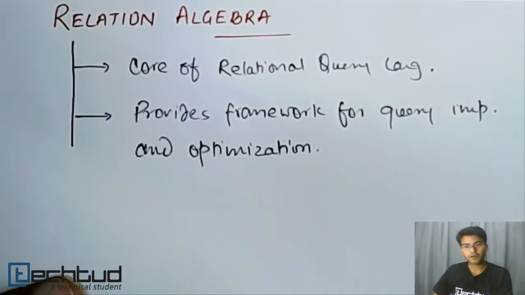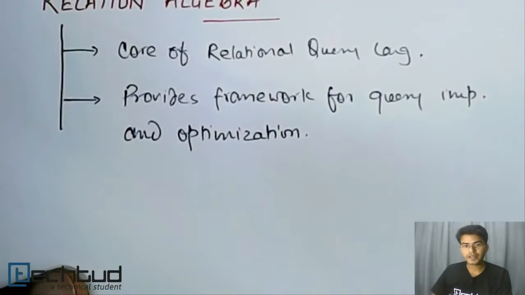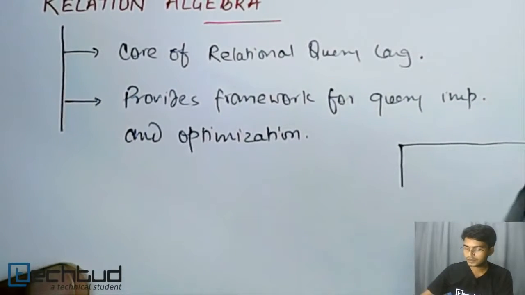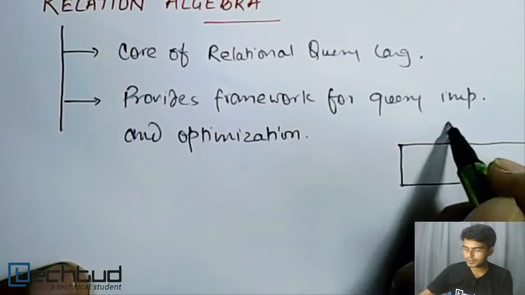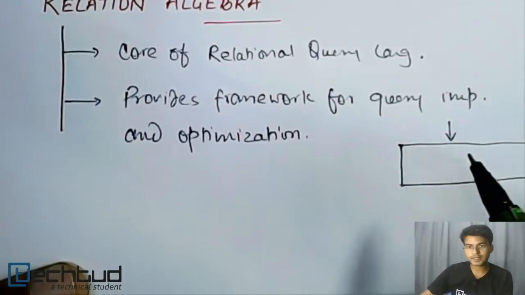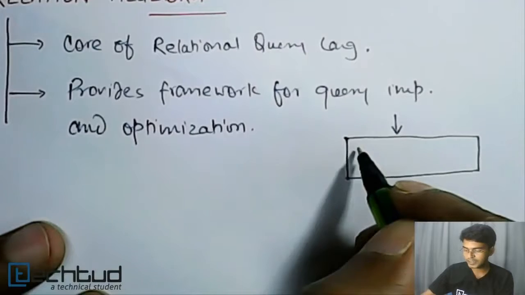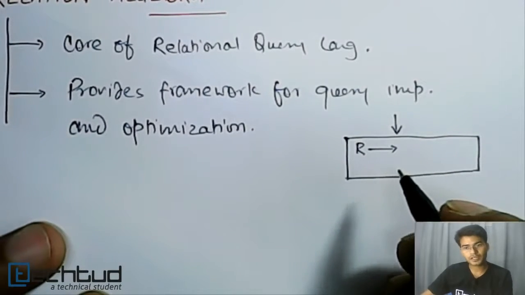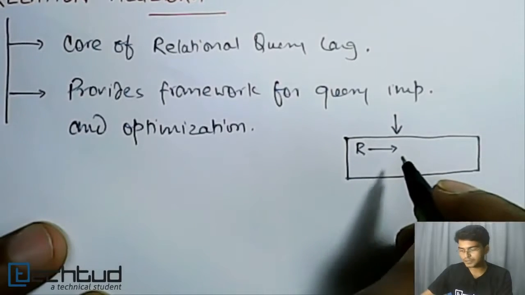As we have already discussed, inside any query language, when you make a query, imagine you are making the query on this system. This system will internally take this relation and perform a sequence of relational algebraic expressions on it.